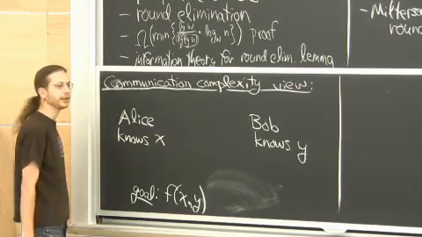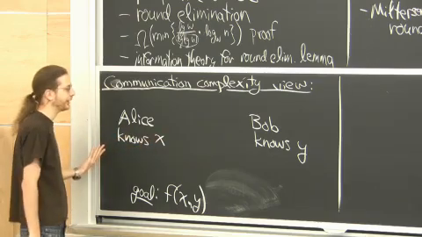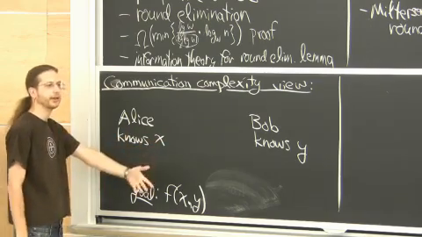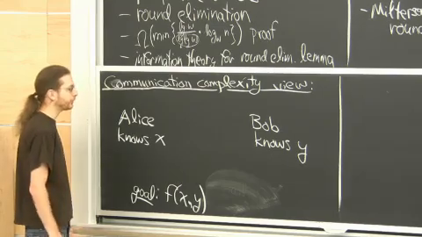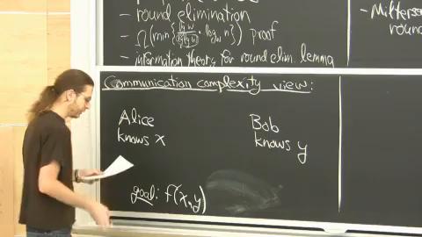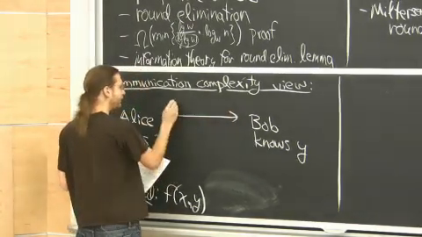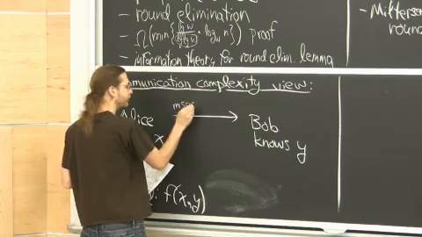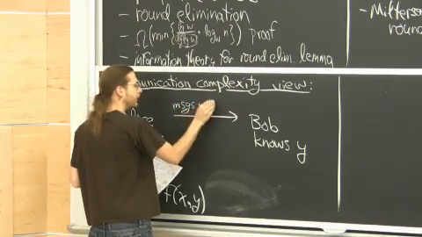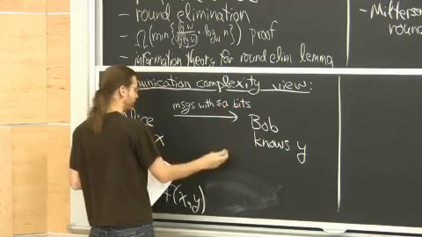So how do they do it? They have to talk to each other. Ideally, Alice sends Bob x or Bob sends Alice y, and one of them could compute it and send back the answer. That's one possibility, but maybe x and y are kind of big and you can't just send them in one message. So here's the restriction. Alice can send messages with less than or equal to little a bits, a for Alice.